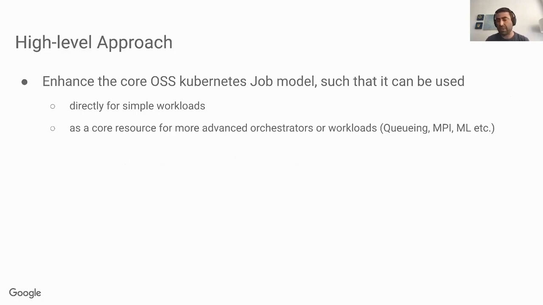We don't want custom controllers or custom orchestrators to resort to creating their own job model. We want them to make the Kubernetes core job model a building block and build on top of that. For example, if they want to create an MPI job, then the core job model that we have in Kubernetes should suffice to build that rather than creating everything from scratch. Next slide, please.